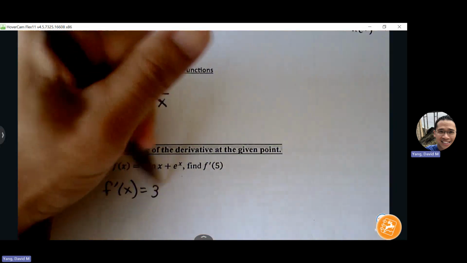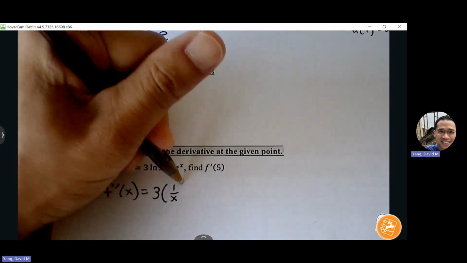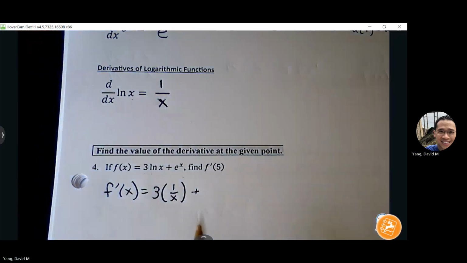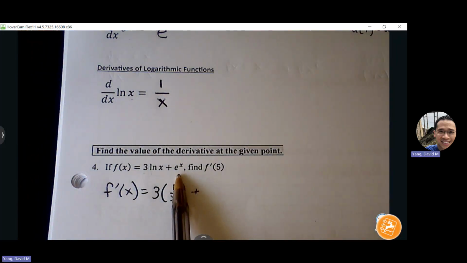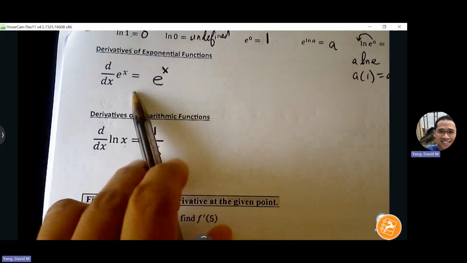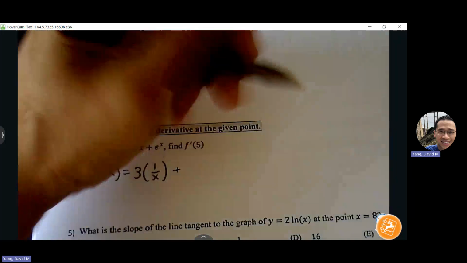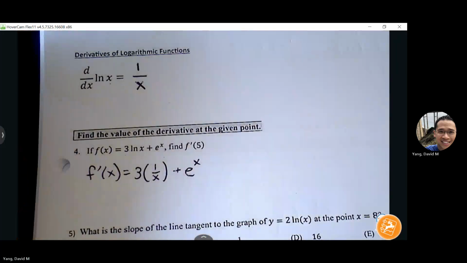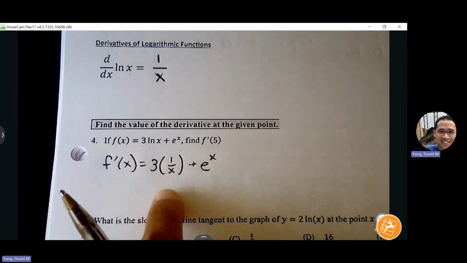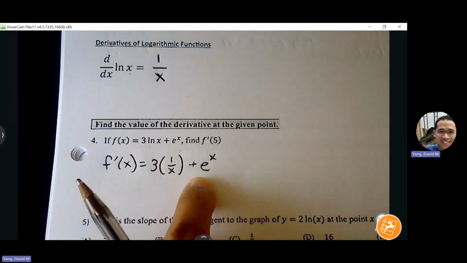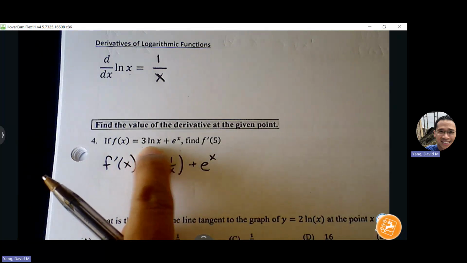So it's just 3 times 1 over x, or you can just do it as 3 over x if you want to. What's e to the x's derivative? Just e to the x. That's nice, right? That's the exact same function as what you started with. All right, so there's my derivative. This is describing how the slope of this original graph is changing.